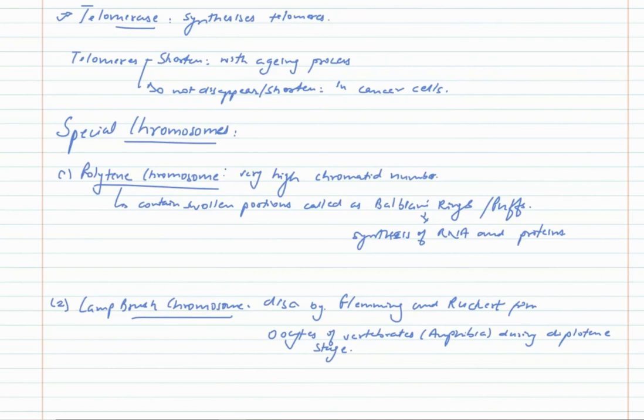These are associated with lampbrush like appearance, hence they are known as lampbrush chromosomes. They contain DNA and RNA as well as proteins. They are concerned with vitellogenesis, that is formation of yolk.